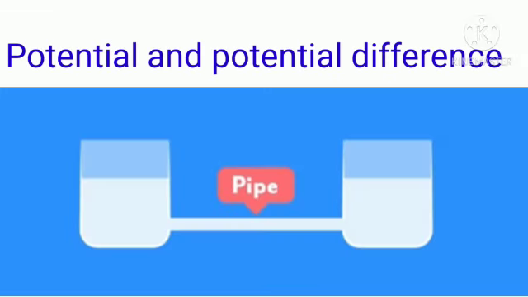Now we are going to learn potential and potential difference. Students, in this diagram, will water flow from one beaker to the other beaker? The answer is no, because the level of the water is the same.